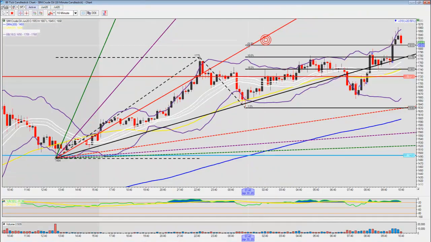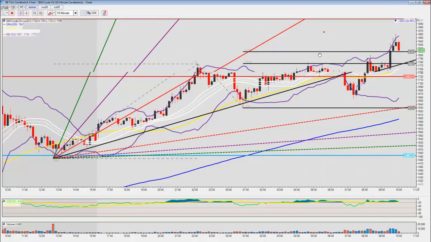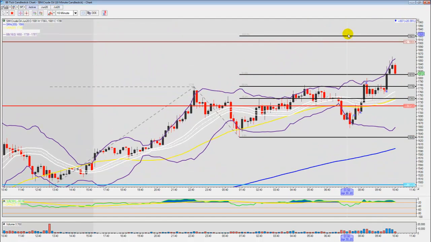Extension related, what have we done? At the 68 at 1.8, how close we get to the 100% up here at R2.